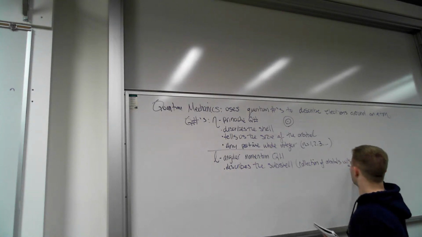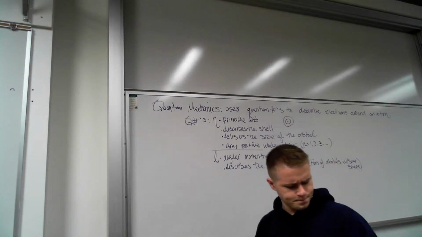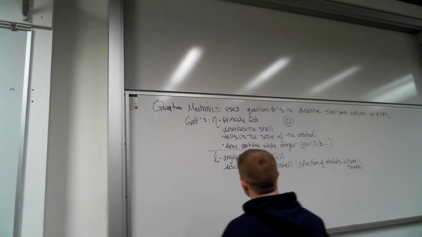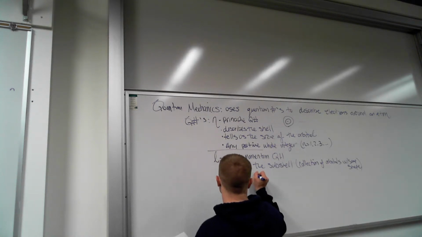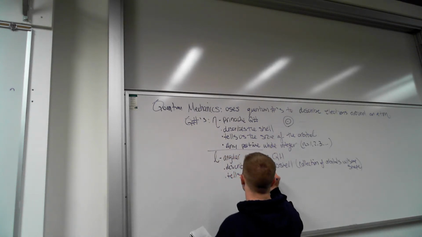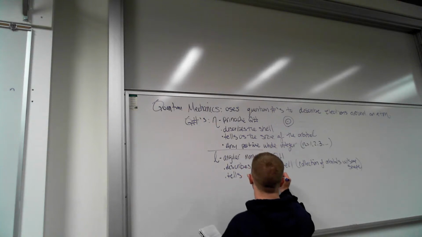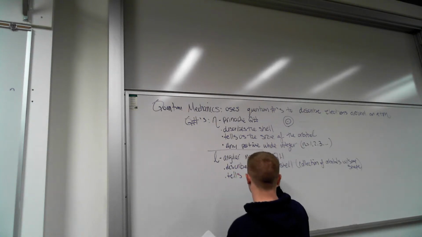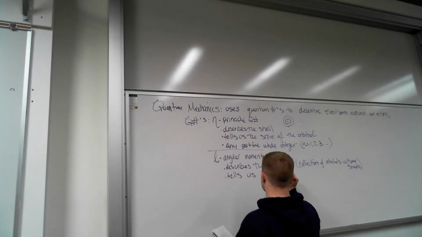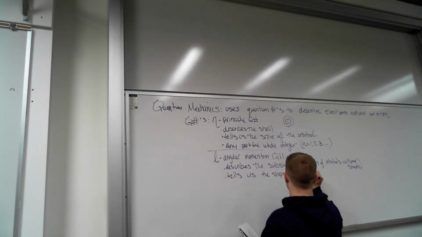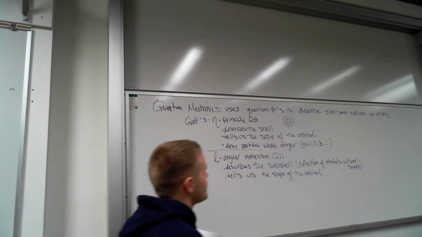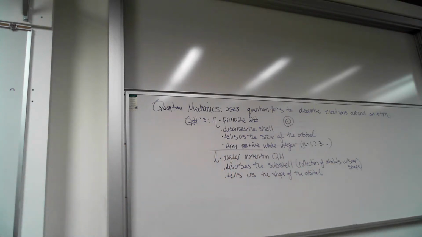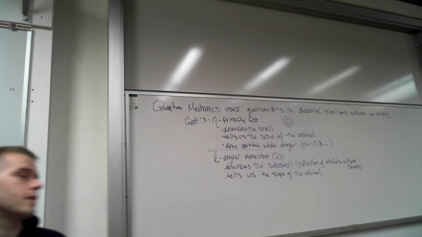Accordingly, it tells us the shape of the orbital. So n tells us the size of the orbital, whereas L tells us the shape of that orbital.